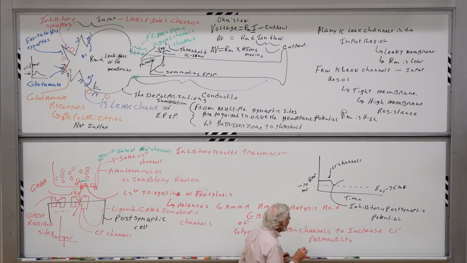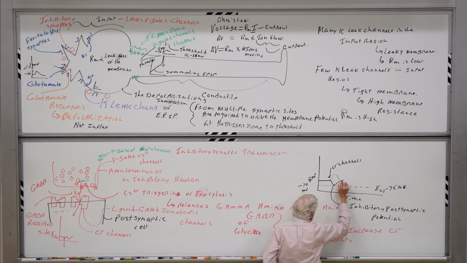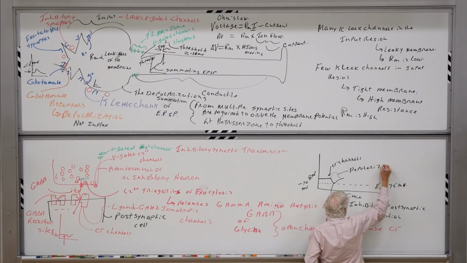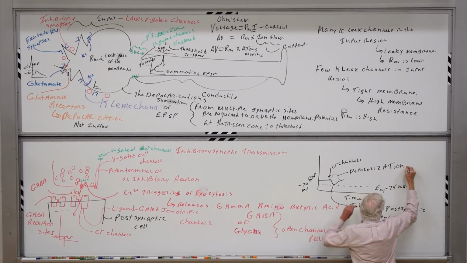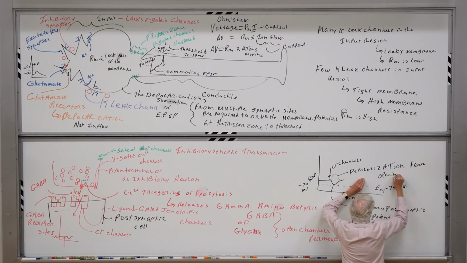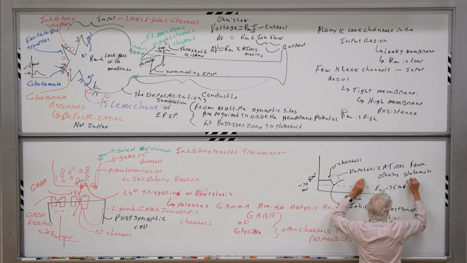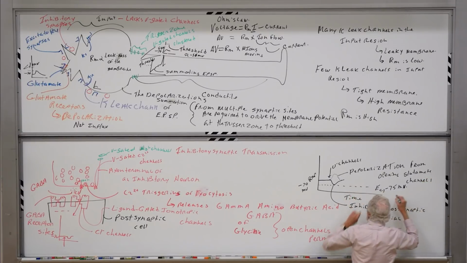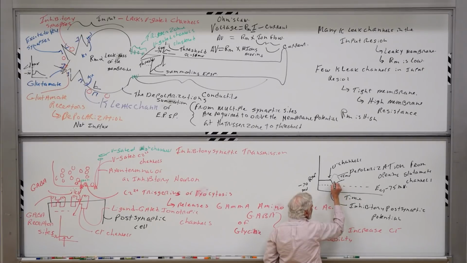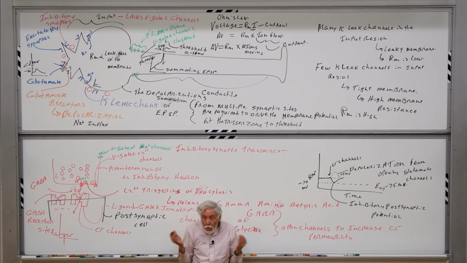If we precisely superimpose on top of this a depolarization, and this is a depolarization from opening glutamate channels, then if this is a plus 5 millivolts and this is a minus 5 millivolts, I think you can see how they cancel each other out. Basically, there's no change.